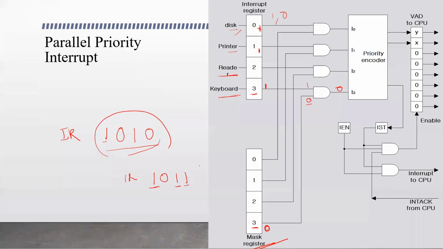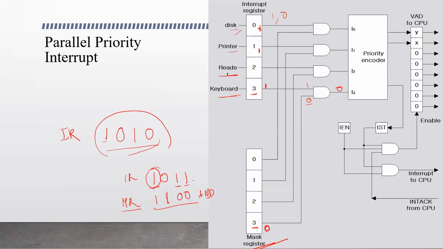Now, if the CPU wants to service only the highest priority device, these bits can be cleared. The bits of this mask register are controlled by programs. So using a program, these can be set as 0. The bits at these positions need to be set to 0, and other bits are set to 1 in the mask register, and the AND operation is performed.